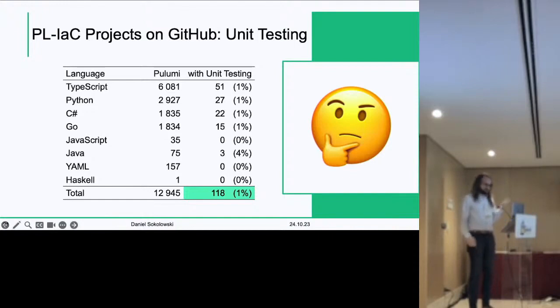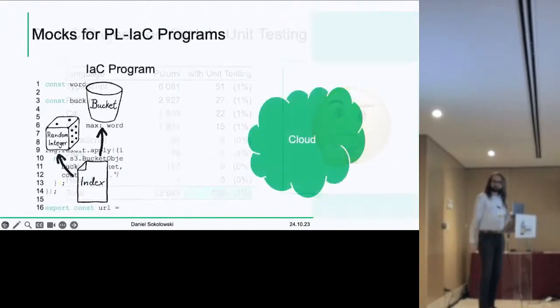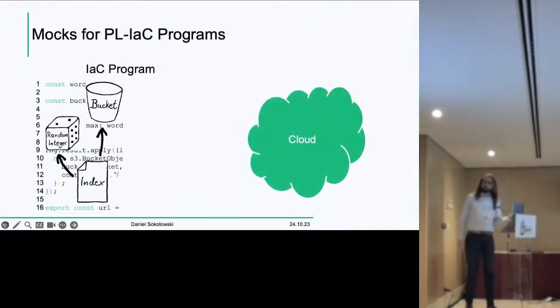To understand that more, let's look deeper into what is actually going on. How do these programs work? What do we have to do in unit testing? If we look again at our example, which we have now here on the left side, what our program does in the regular execution is it integrates with the cloud, because through the execution, it shall deploy something in the cloud.